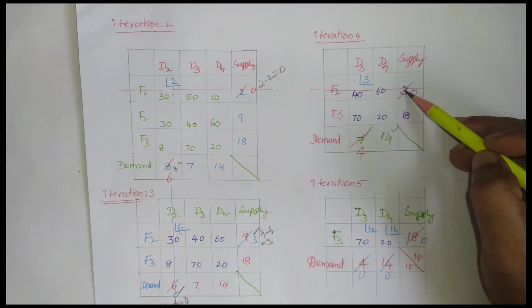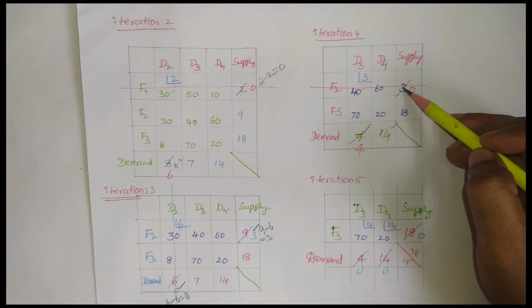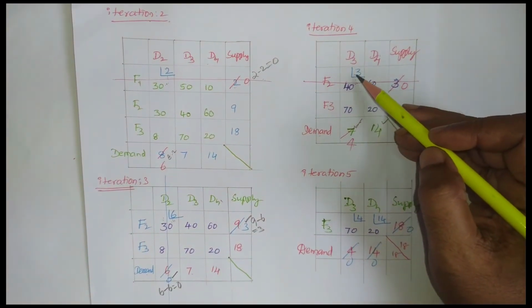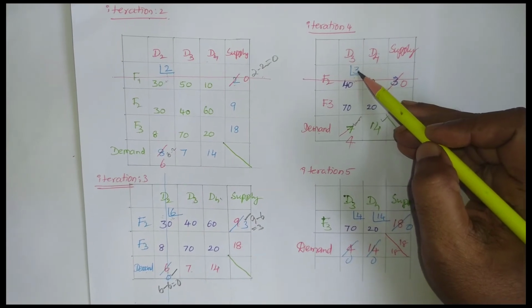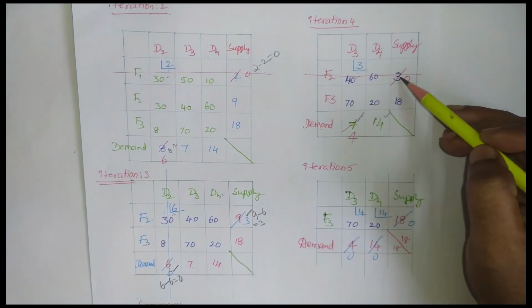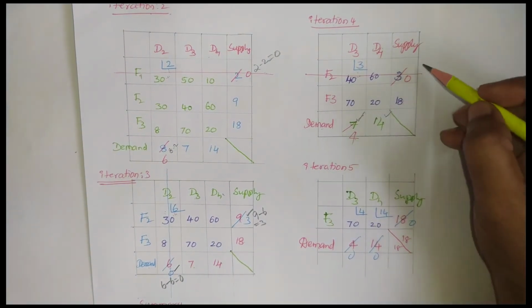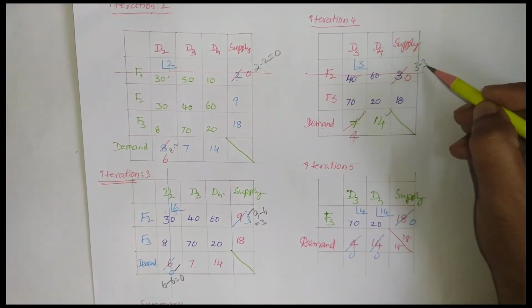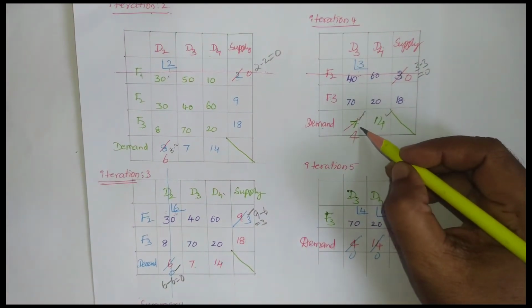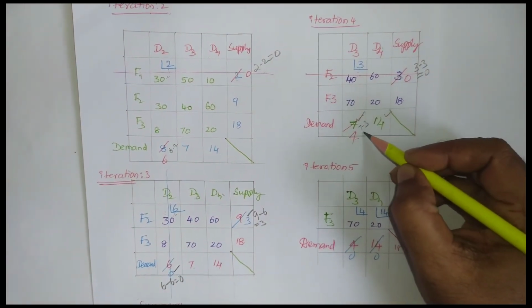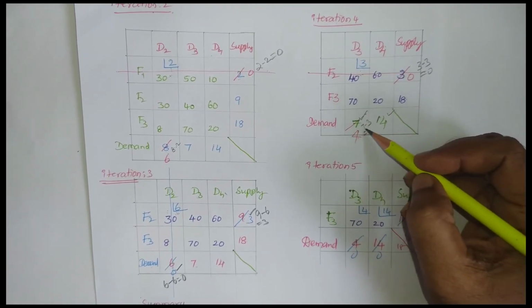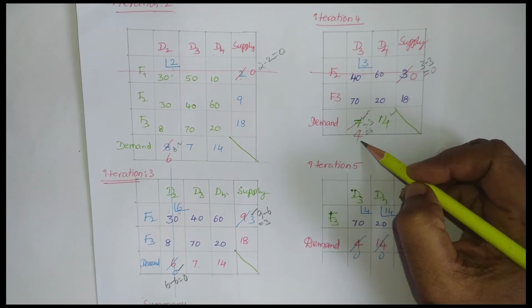After allocation, supply is 0 because 3 minus 3 equals 0, and demand is 7 minus 3 equal to 4.